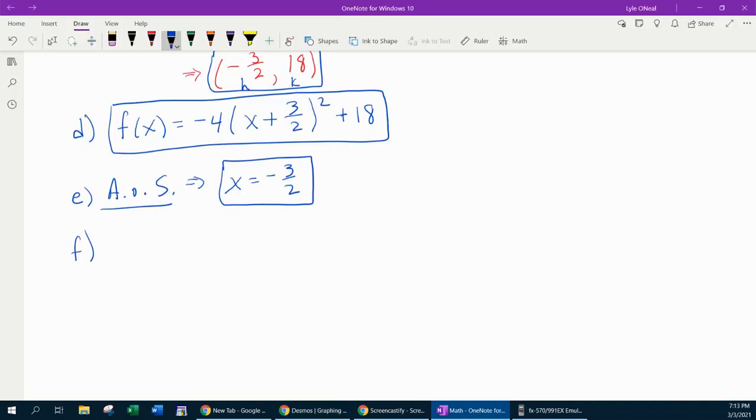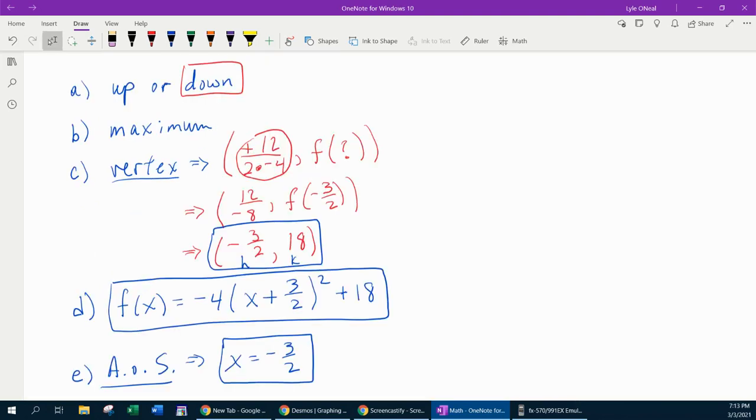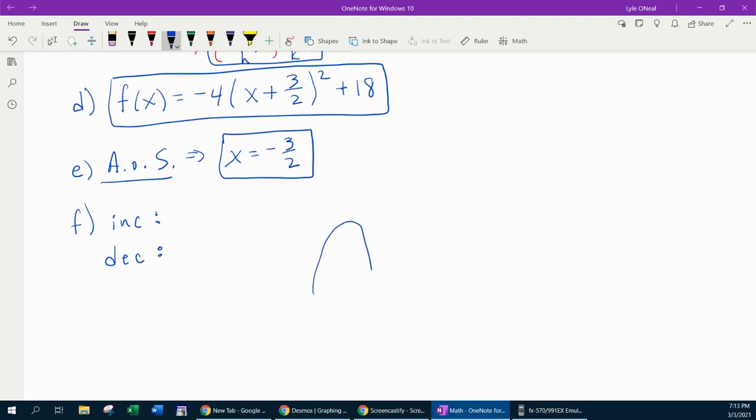Next, part F. Let's do intervals of increasing and decreasing. That should be pretty easy. Remember, our parabola does open down. So if I do a quick sketch of that, there's the parabola opening down with the axis of symmetry occurring at negative 3/2.